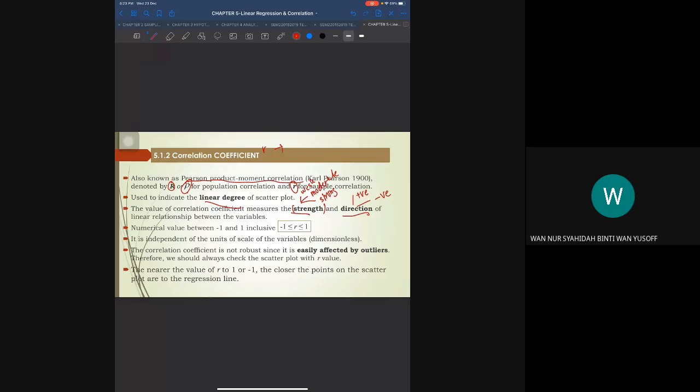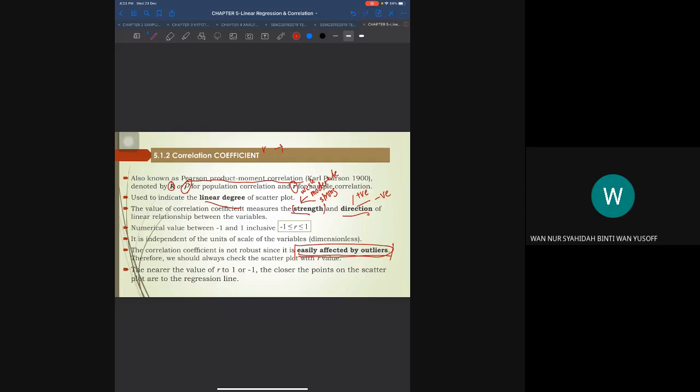Okay, so why is R easily affected by the outlier? Anyone? Why is it easily affected by the outlier? You can relate with chapter 1. It is a similar reason as why the mean or average is affected by the outlier.